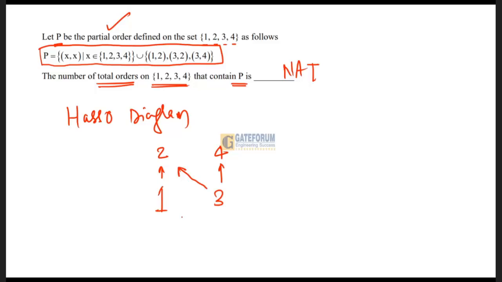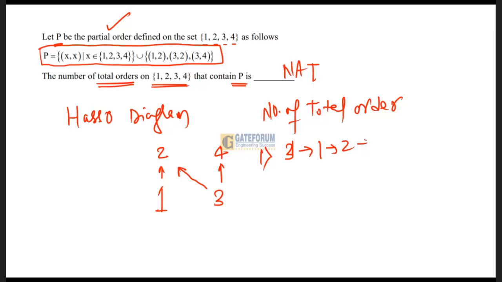Now I need to find the number of total orders. The first order that is possible is 3 to 1 to 2 to 4. This could be one of the orders which contain P. The second order that can be there is 3 to 1 and 1 to 4 and 4 to 2.